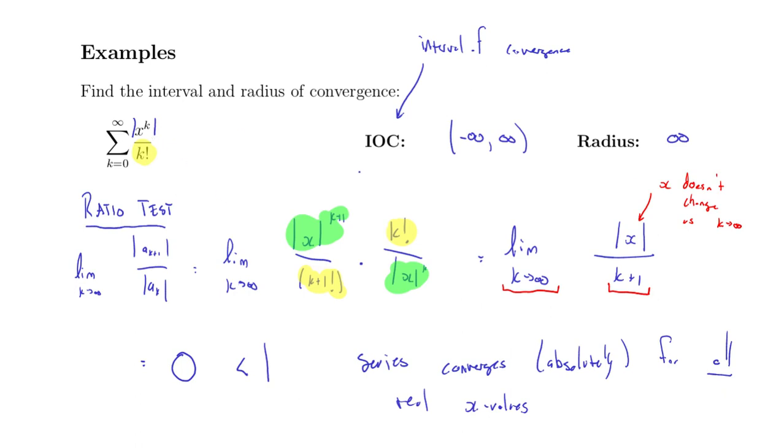Notice the center is a little hard to tell, but if you take a look, our center is actually going to be 0, because normally we have this form x minus a raised to the k, and you could say this is really x minus 0 raised to the k. So the ratio test shows that this series converges for all real x values.